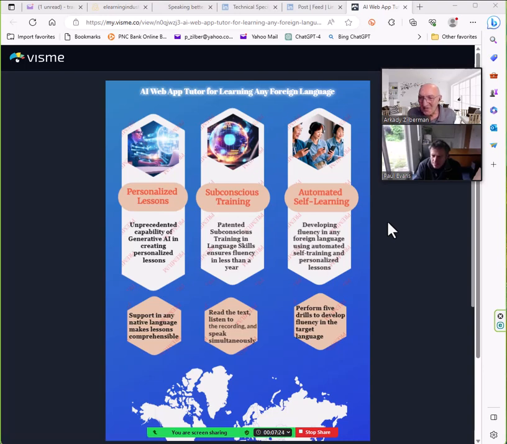What if your users start listening, reading, and speaking at the same time? What happens in this case? Because consciously we are not capable of multitasking. We can do only one or two tasks. When you start doing three tasks at the same time, listening, reading, and speaking, then you automatically open the second mind, the subconscious mind.